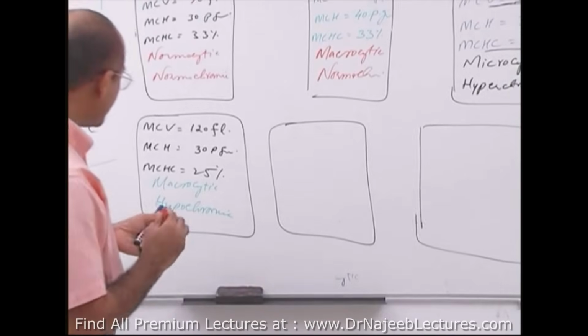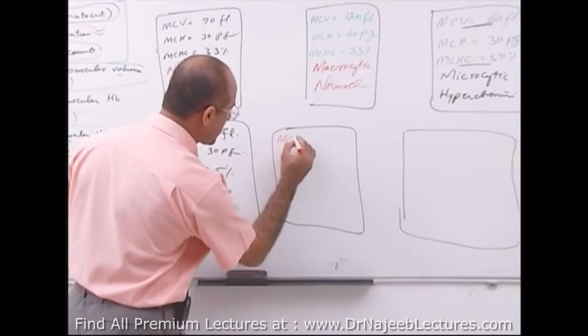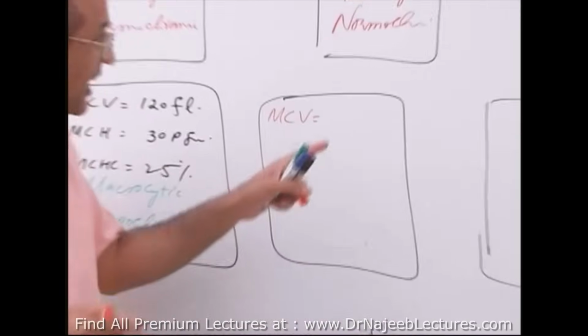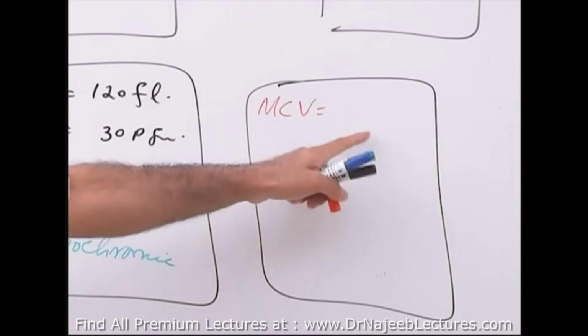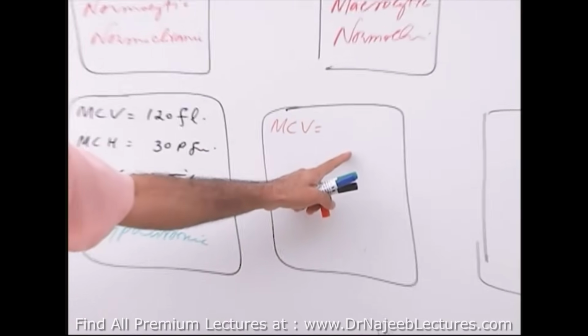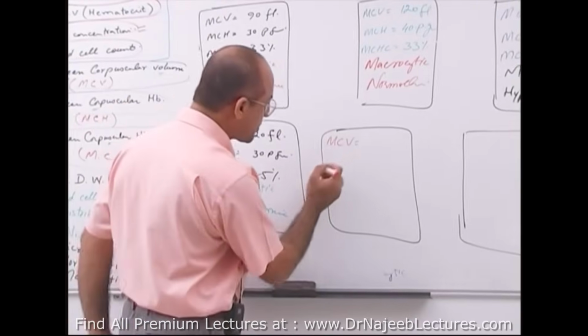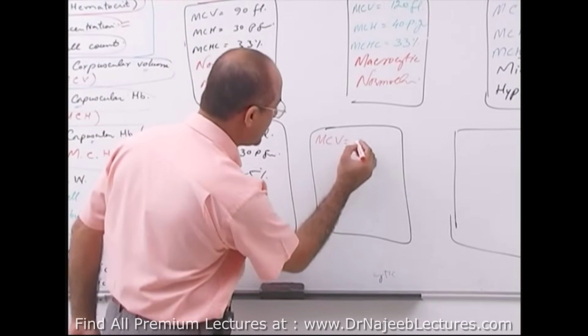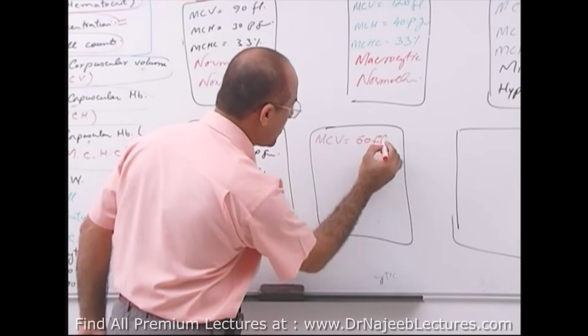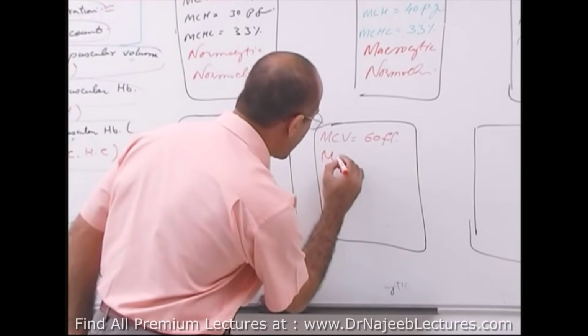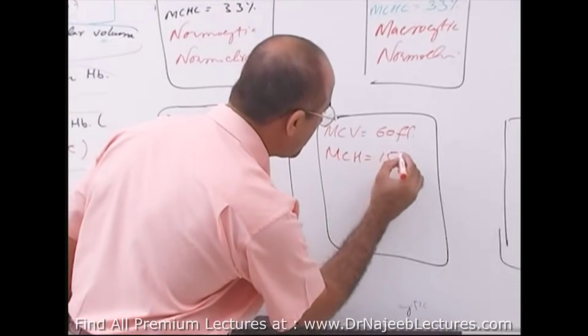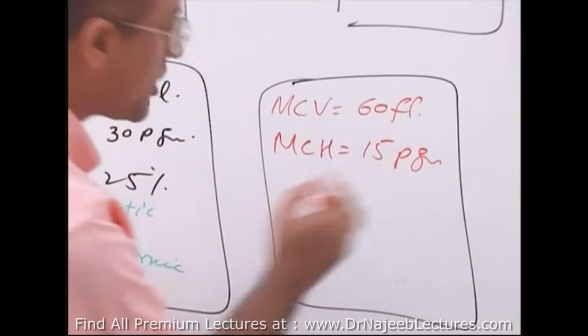There's another patient. Now you know, mentally you are tuned because you are now a doctor. You are thinking, according to this result, I can make some judgment. Okay, mean corpuscular volume is 60 femtoliter. What is your judgment now? Microcytic. Mean corpuscular hemoglobin is 15 picogram. What is your judgment now?